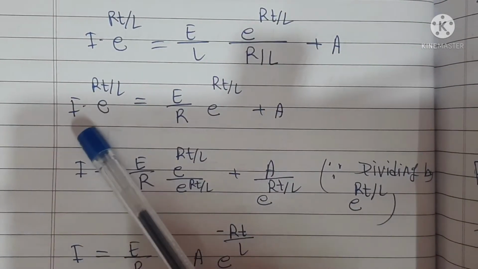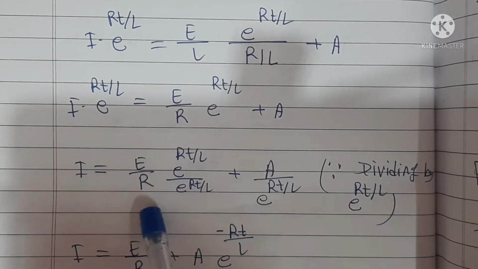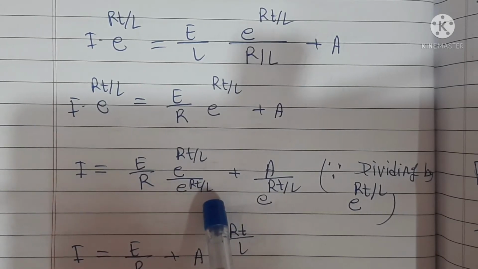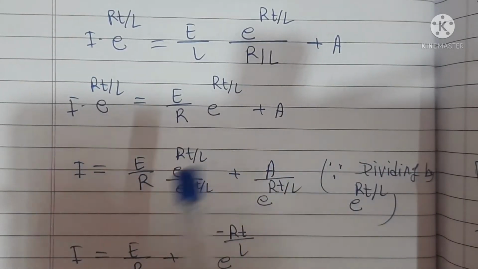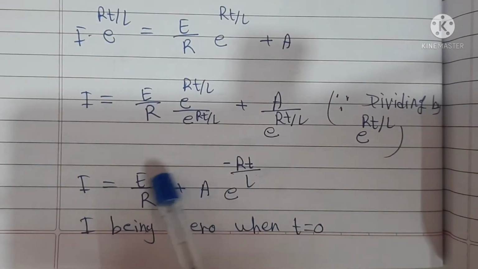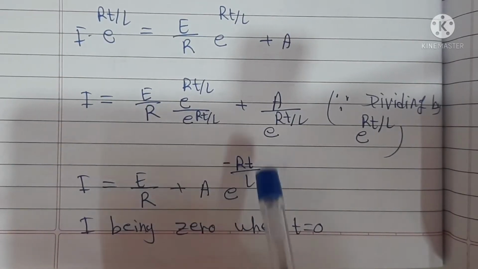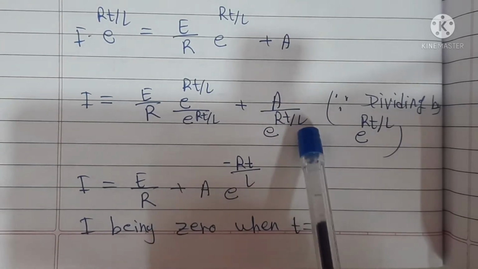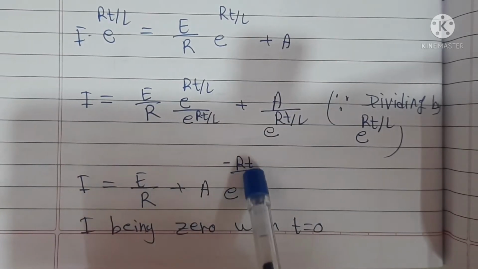Now dividing the whole equation on both sides by e raised to Rt upon L, I is equal to E upon R plus A into e raised to minus Rt upon L. The e raised to Rt upon L is in the denominator side, and when it goes to the numerator side, then the sign changes.